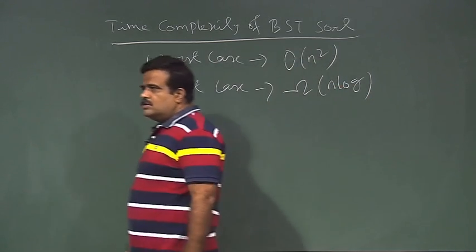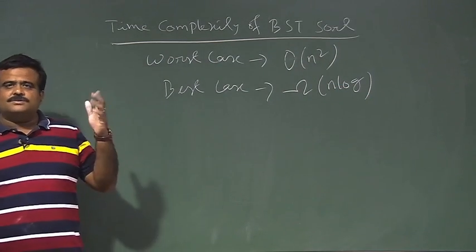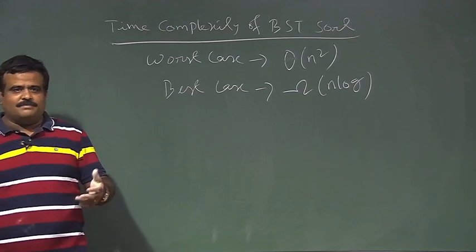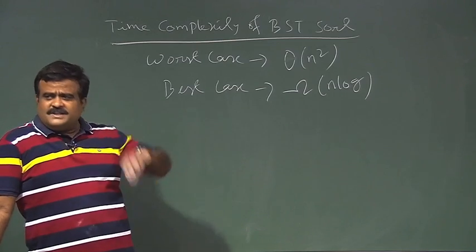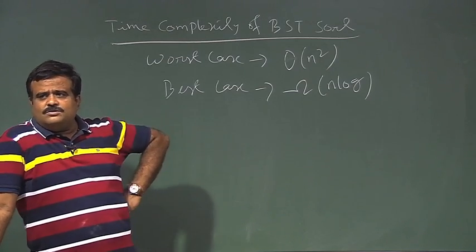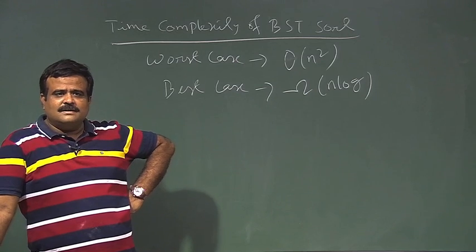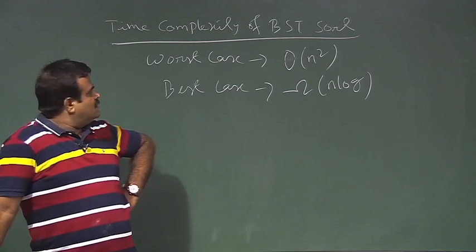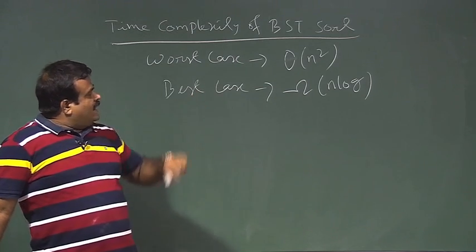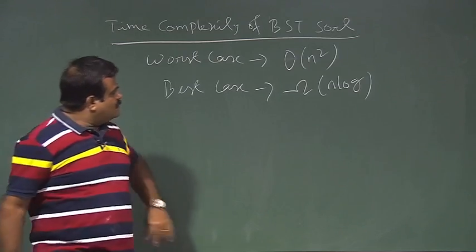So, BST sort is a sorting algorithm which takes worst case order of n square and best case n log n. Does it remind us of some sorting algorithm we know whose performance is like this, worst case n square and best case n log n?